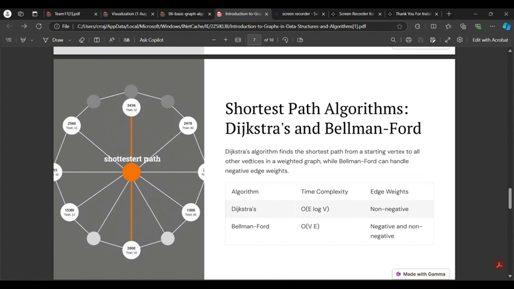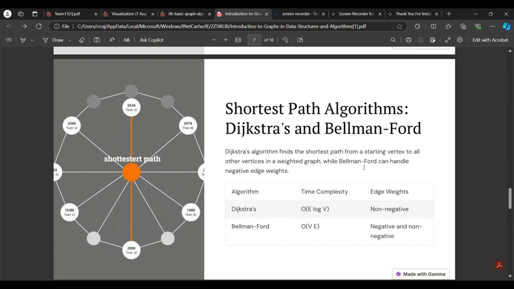Dijkstra's algorithm finds the shortest path from the starting vertex to all other vertices in a weighted graph, while Bellman-Ford can handle negative edge weights. These are the methods of Dijkstra and Bellman-Ford.